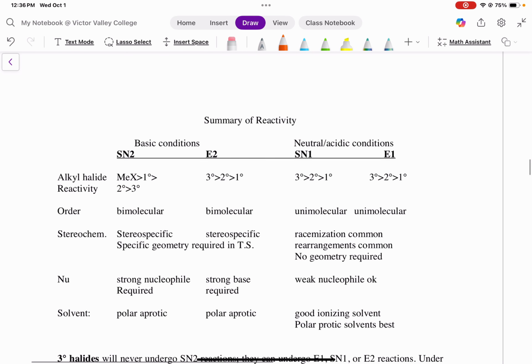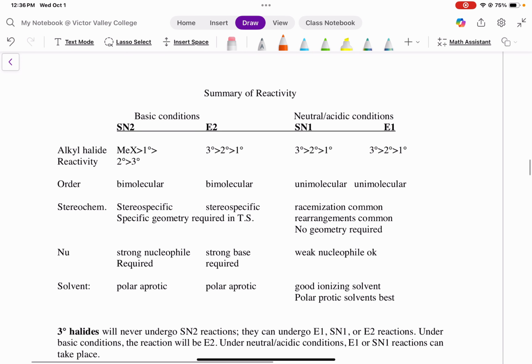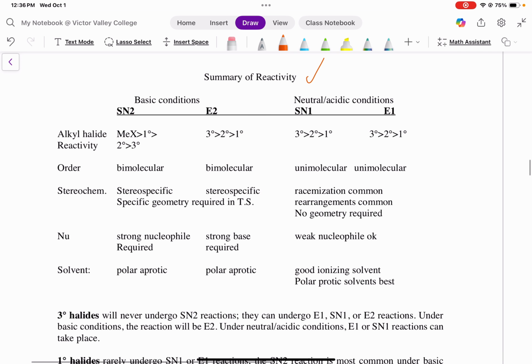All right. So here's a good summary of SN2, E2, SN1, E1. You can take a look at the summary in terms of the reagent, the main substrate, the solvent, the nucleophile strength, and all that stuff.